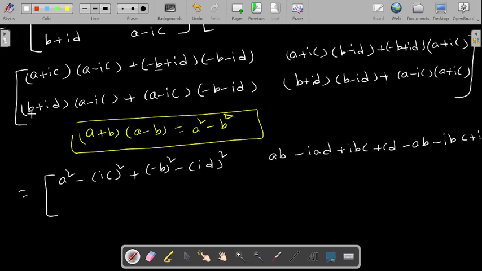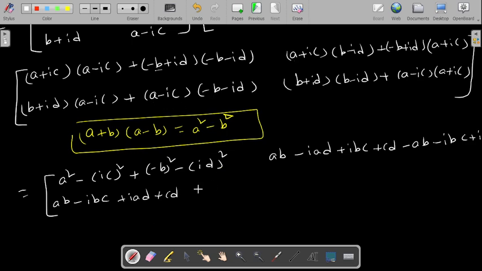Next, B into A, AB; B into minus iC, minus iBC. Next, iD into A, that is iAD; i into i square, sorry, i into i square is minus, minus into minus plus, that means CD.